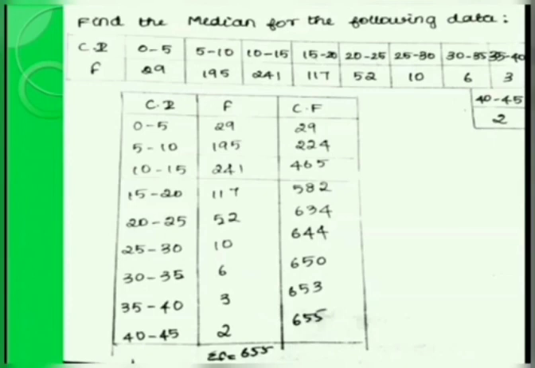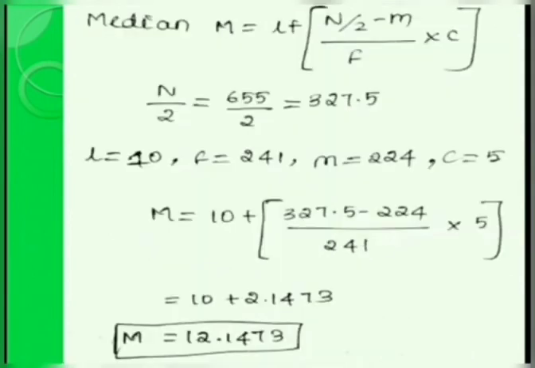If it is the same, you can move on to further steps, which is to use the median class formula for continuous data. M is equal to L plus (N/2 minus m) by f into C. Here N is 655, and 655 divided by 2 is equal to 327.5. So 327.5 is your N by 2 value.